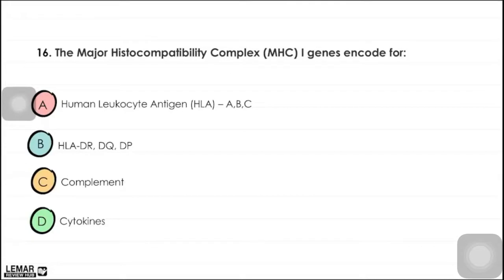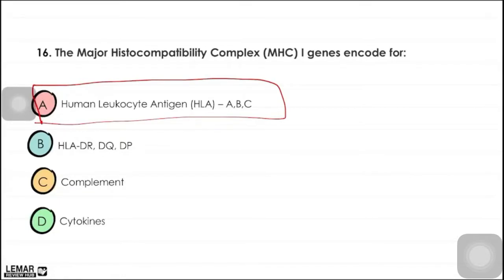Letter D, cytokines. So for this question, the answer is letter A. MHC class 1 genes will code for the antigens HLA-A, HLA-B, HLA-C. Letter A.